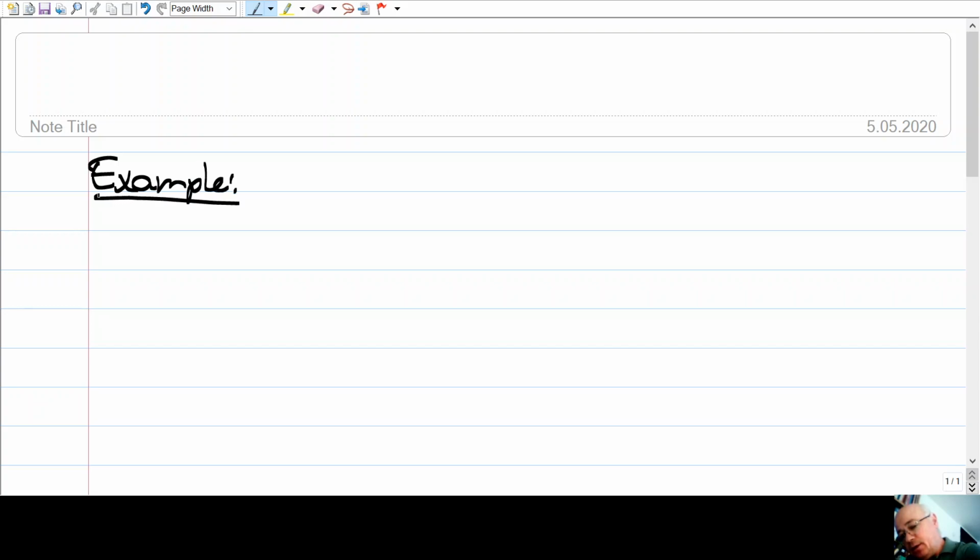Example will be on spherical coordinates.